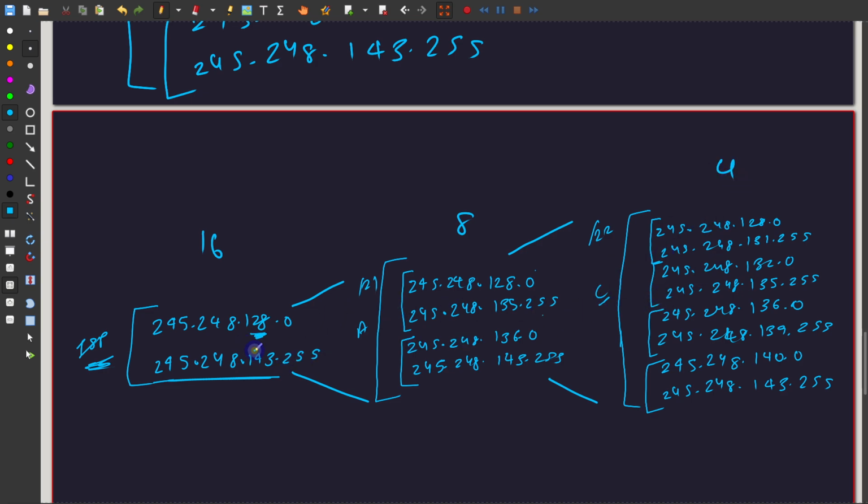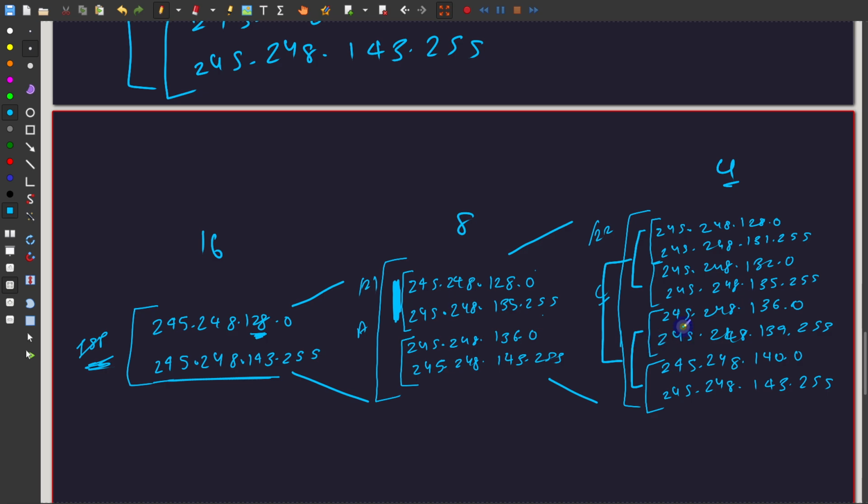All of these addresses are still within this address range. I hope I make that clear. Now notice, for example, if I give company A this particular block, 245.248.128 to 245.248.135 from the /21, that means that in blocks of 4 in the /22 addressing, I am giving them the first 2 blocks. That is what that means, right? Can you see the beauty here?